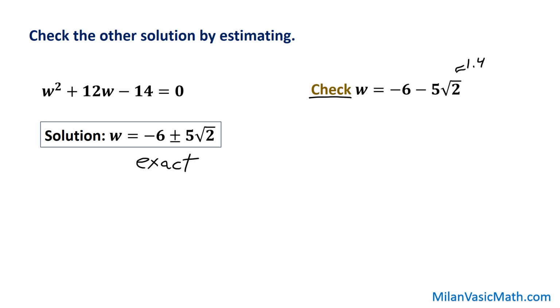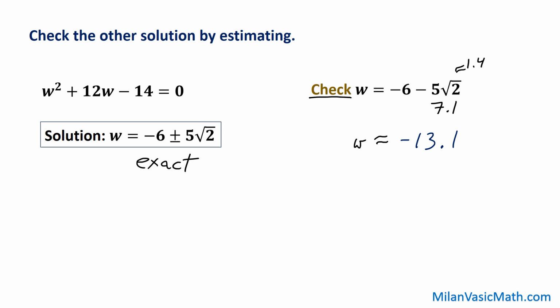Or if you have a calculator, you can substitute this number into a calculator, and I get that negative 5 radical 2 is roughly 7.1. So together that would give us a w of approximately negative 13.1.